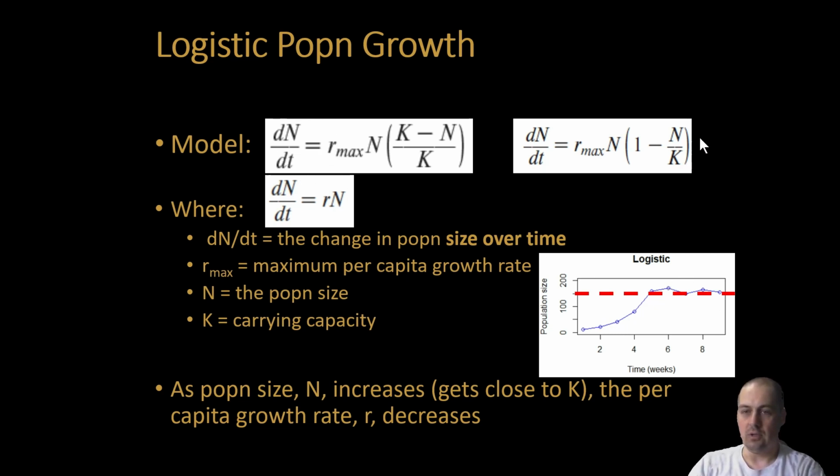And so if you look at the equation, it also makes sense in terms of the equation. So if N gets close to K, let's just say N is 160 and your K is 160, 160 over 160 is going to be 1. 1 minus 1 is 0.